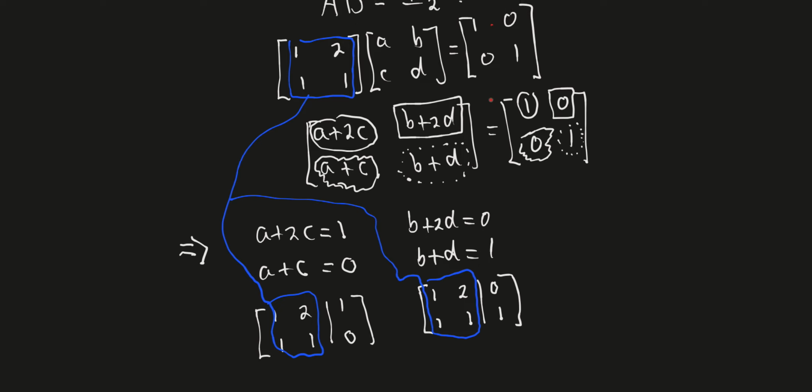If we just do them together and keep track of these columns, then we'll be able to solve both of these equations simultaneously. Okay, so let's see what happens. So let's reduce the left hand side to an RREF, and then I promise you something magical is going to happen to this side.